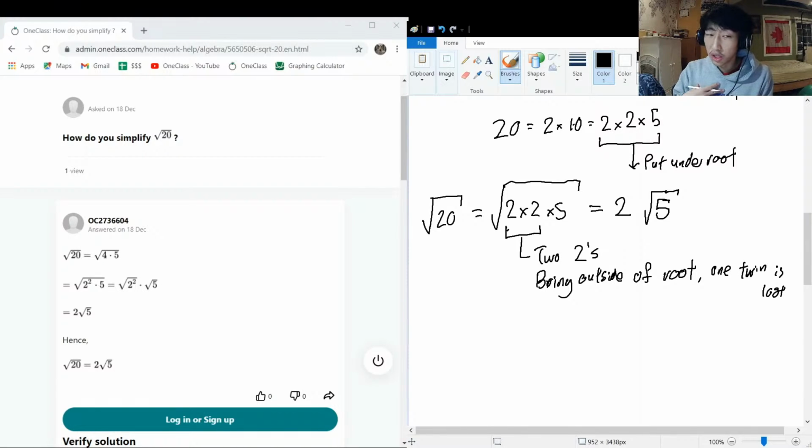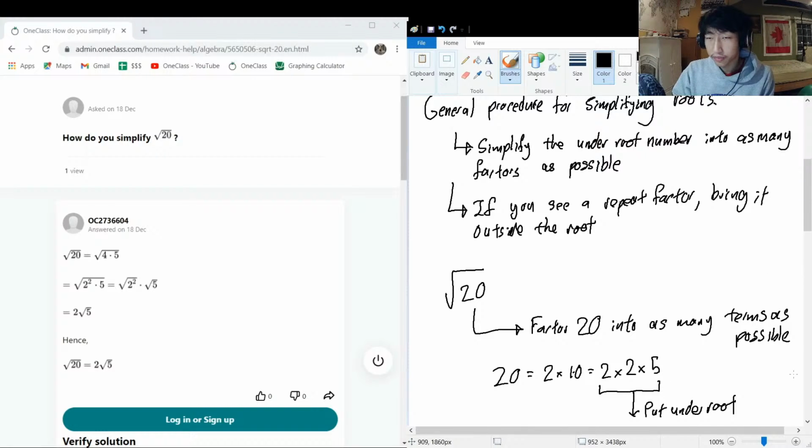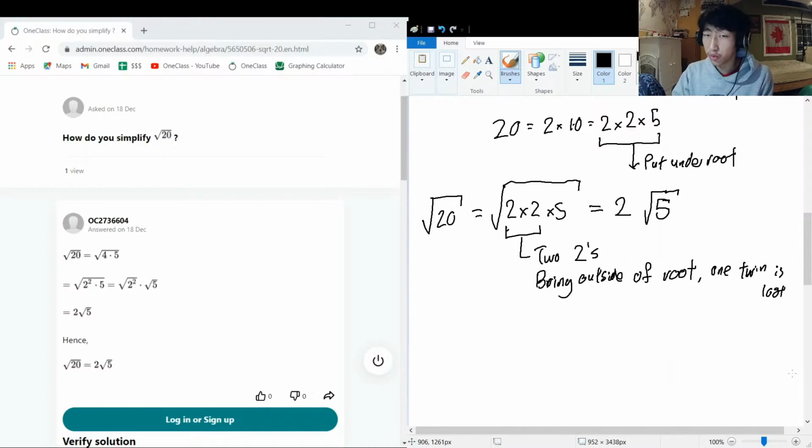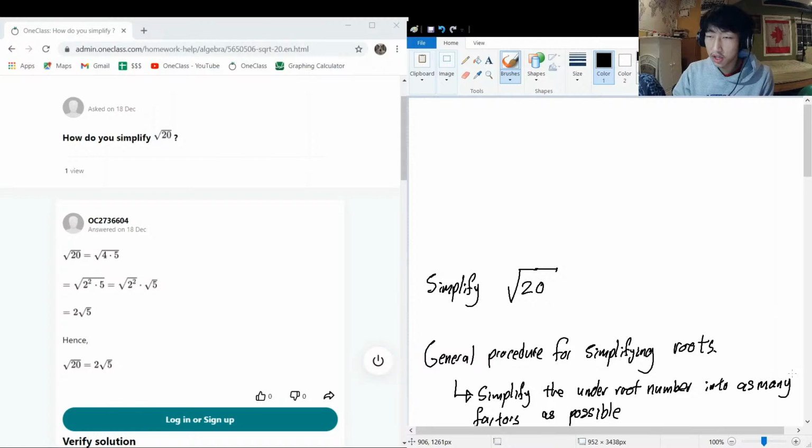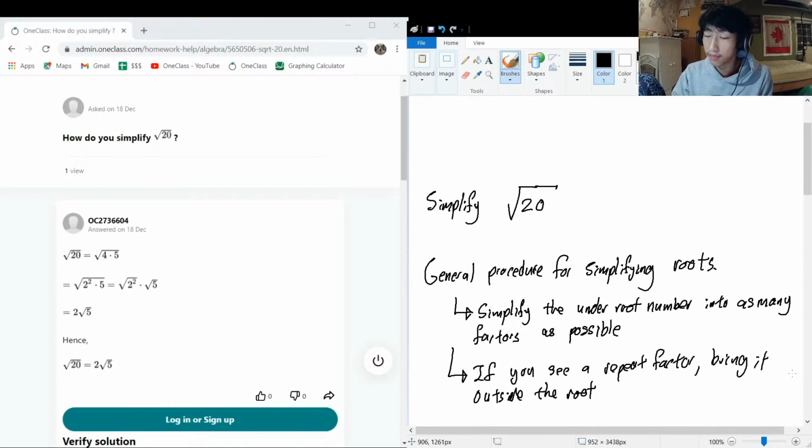But in my opinion, it's sometimes hard to recognize perfect squares, especially as the numbers get really, really big. So this procedure in general I would recommend, because you keep factoring everything until you get to purely prime numbers, and then anytime you see a twin, bring it outside, but it becomes a single child once it leaves the root. Twins under the root become single children outside of the root.